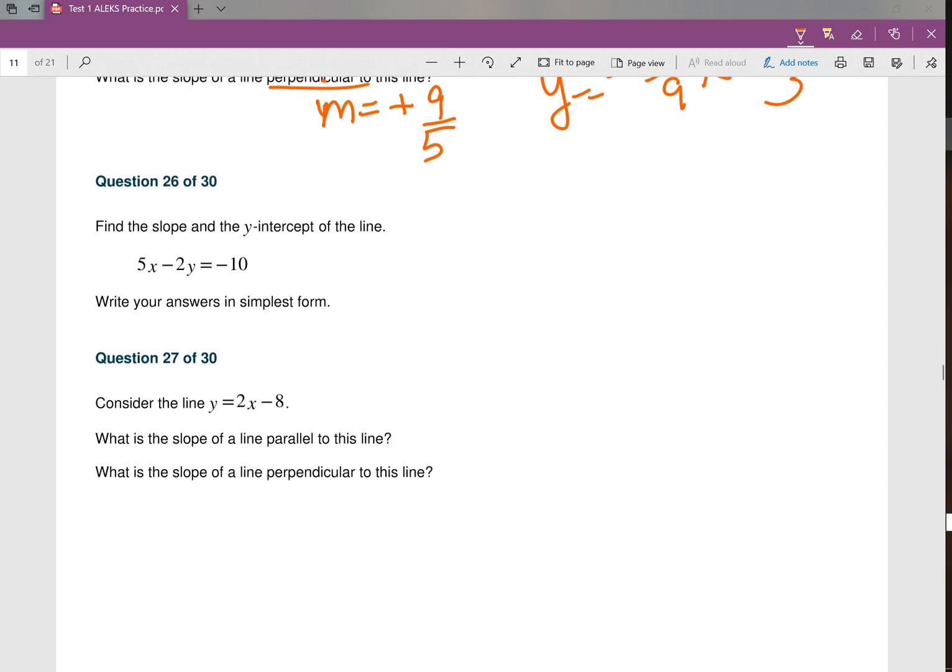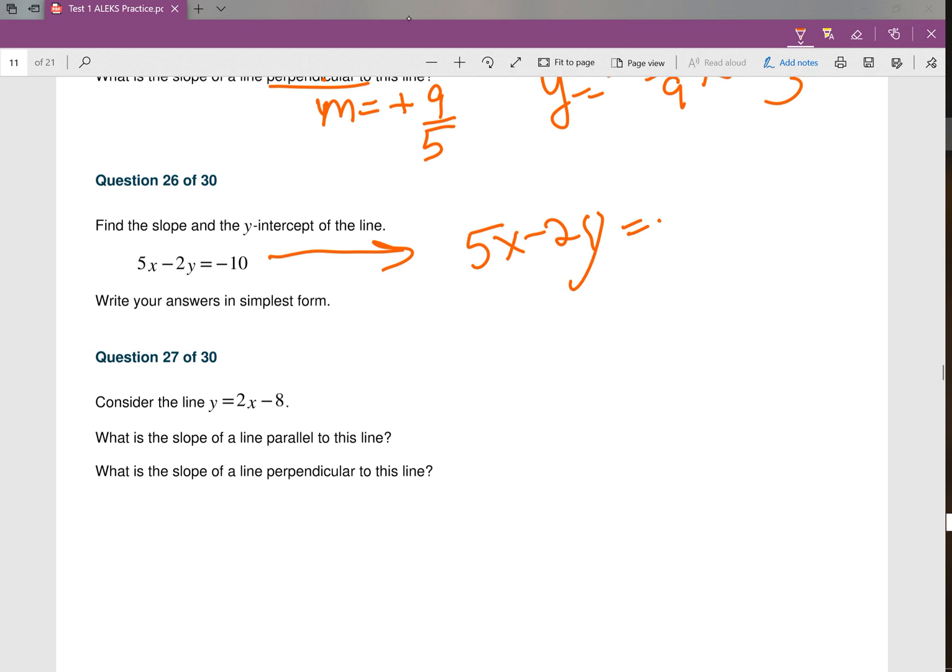Okay, for number 26, find the slope and y-intercept of the line. First thing I need to do is find the slope. So I have 5x minus 2y equal to negative 10.